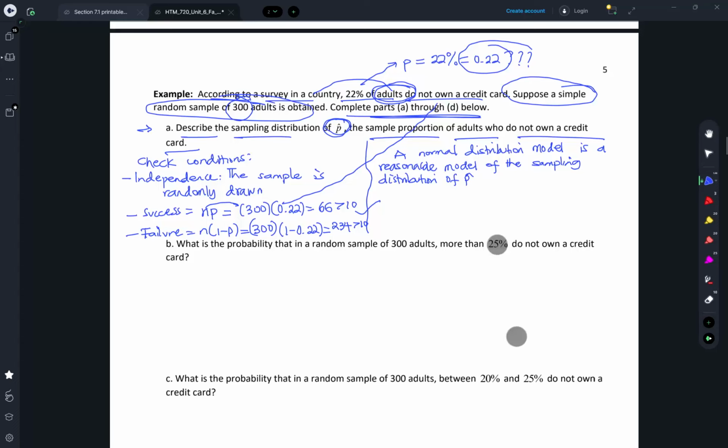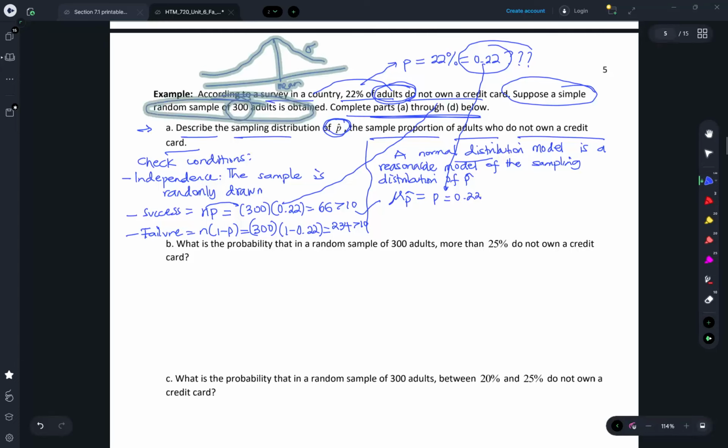And if it's a normal distribution, it should have what? Its mean in the middle, and then it should have a standard deviation or standard error, since we're talking about a point estimate here. So in this case, the mean of P-hat will be equal to P. The best guess here was 0.22 according to the question.